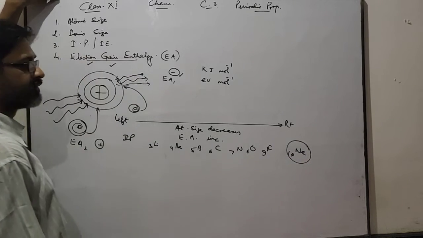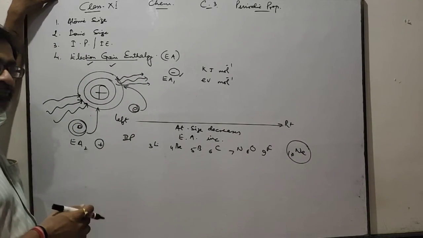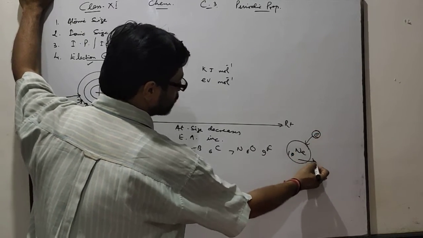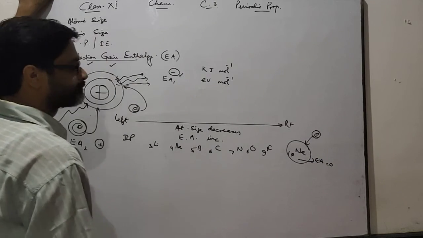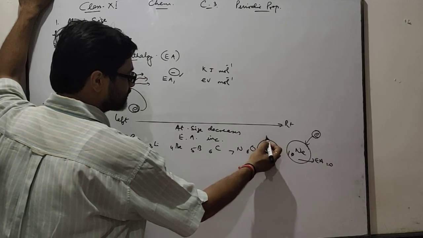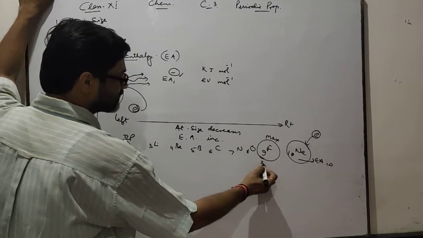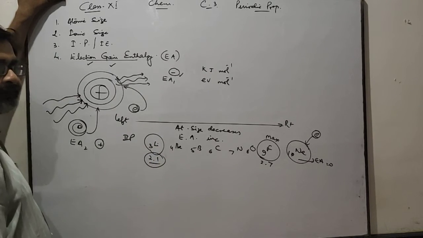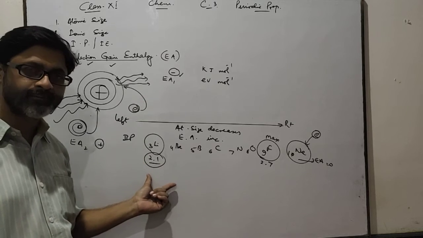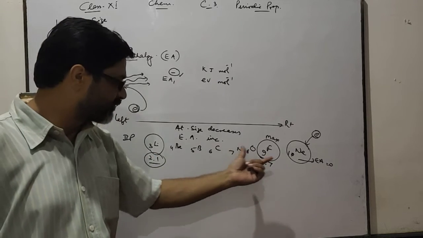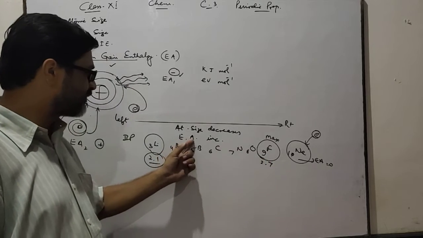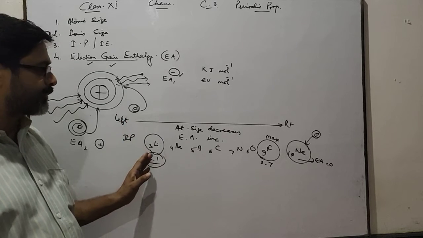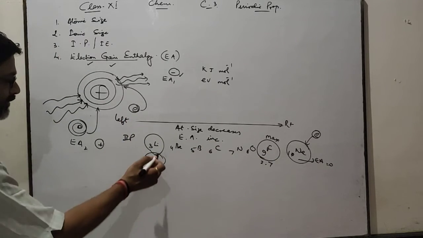Neon is a noble gas which has fully filled shells. They do not take electrons, so their electron gain enthalpy is 0. And the electron gain enthalpy of fluorine is maximum because it contains 7 valence electrons. Here the electron gain enthalpy is minimum because it contains only 1 valence electron. So within any period on moving from left to right, the electron gain enthalpy increases. This one has the lowest electron gain enthalpy and this one has the highest.